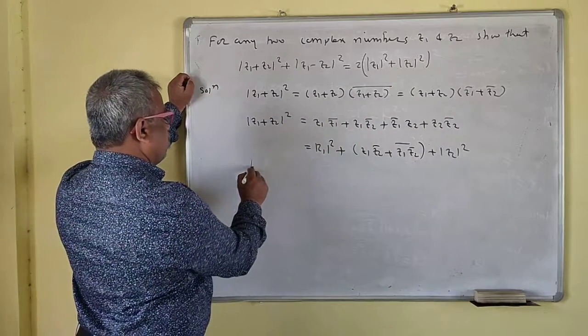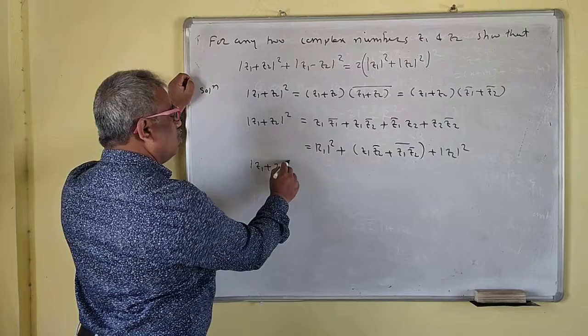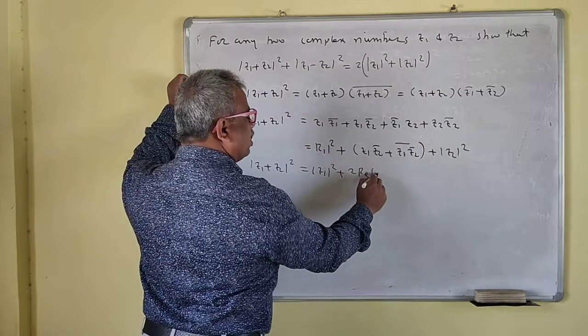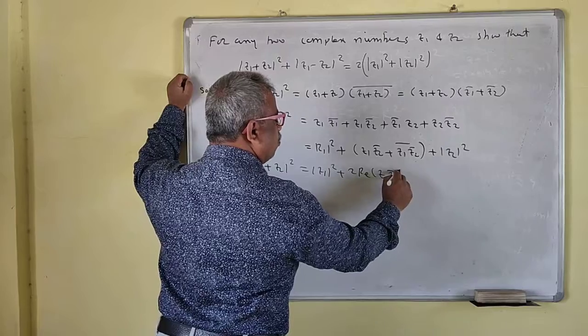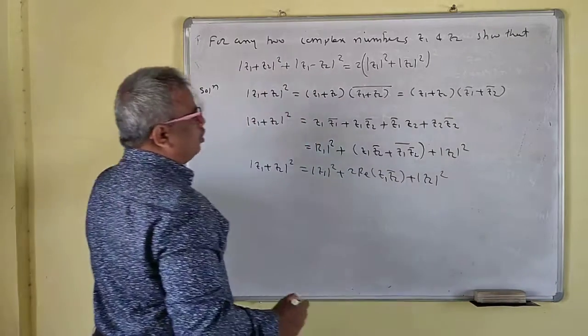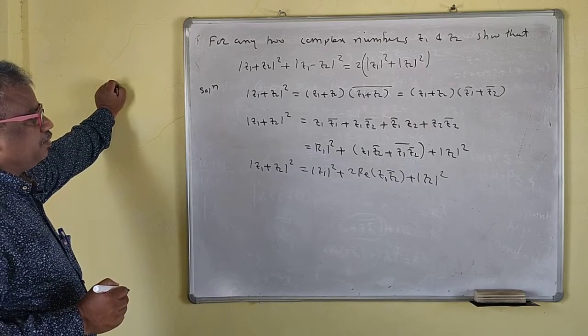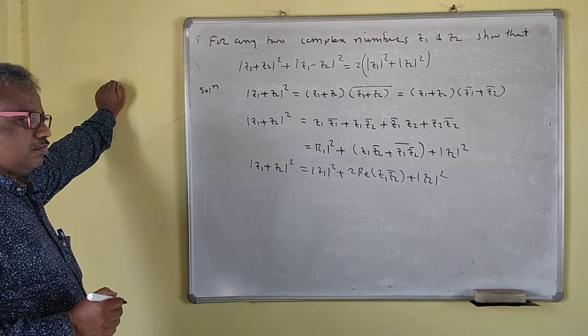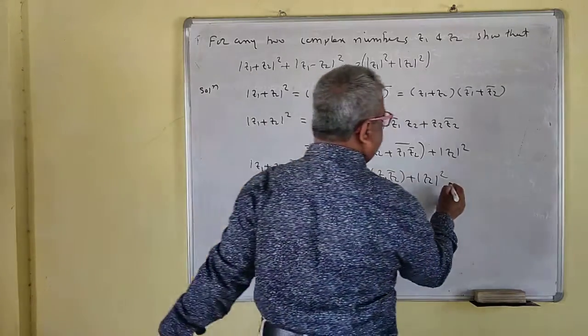Then mod of (z1 plus z2) square is the same as mod of z1 square plus 2 times the real part of z1 z2 bar plus mod of z2 square. I will call this 1.